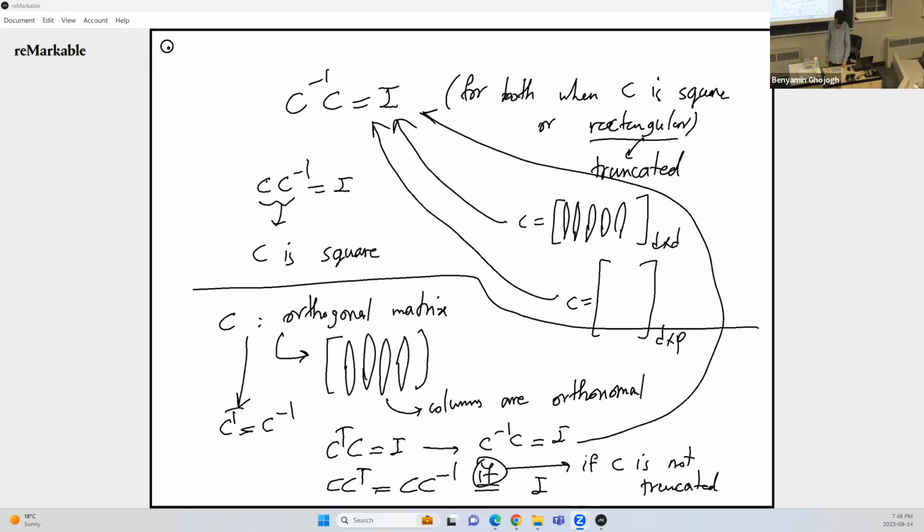By the way, I remember Gilbert Strang said about this matrix C, I don't know why they don't call this matrix an orthonormal matrix. By convention, scientists call it an orthogonal matrix, but its columns are orthonormal. He said that in his lecture.